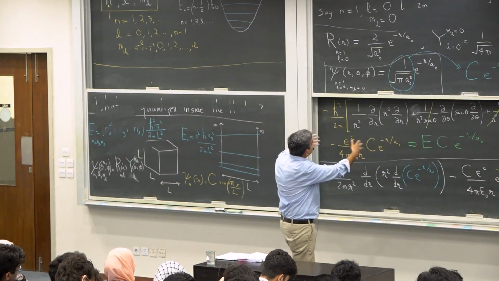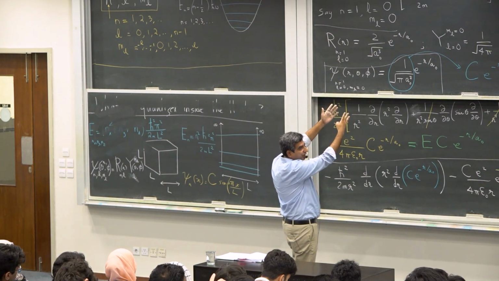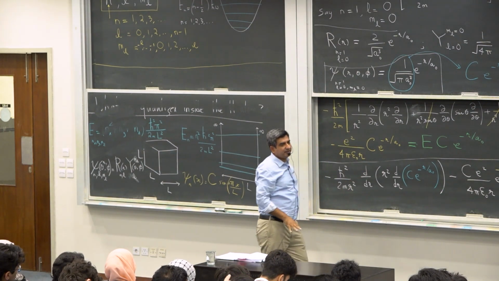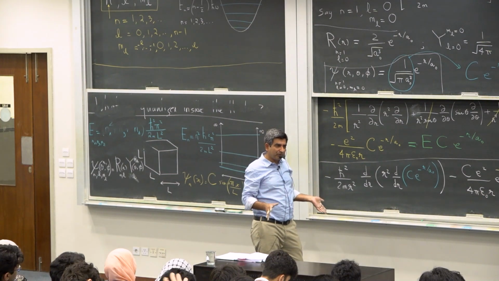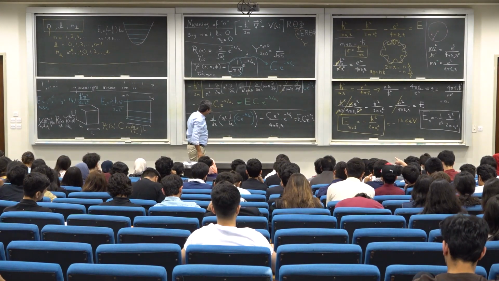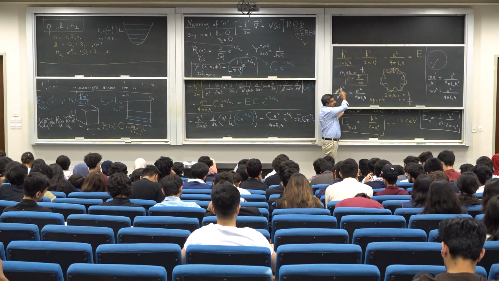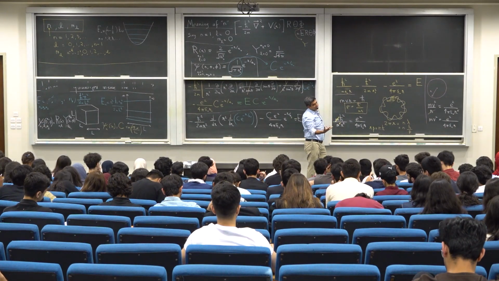Now I have my differential operator, my Laplacian, and my potential energy. I find the derivatives. I calculate the left hand side and I calculate the right hand side. The two must be equal, and this is the final result that I get. This is now an algebraic equation.